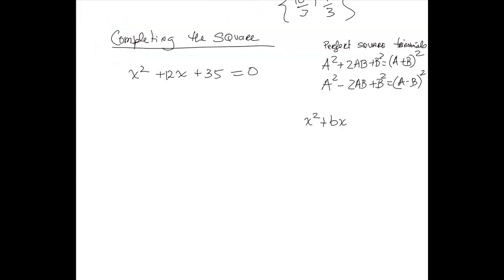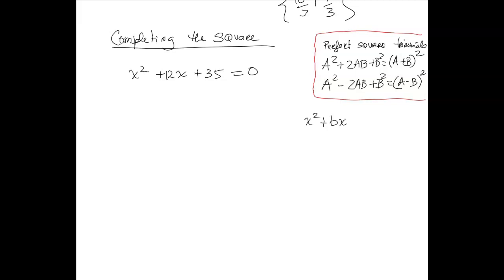All right. So now we're going to do a problem using the completing the square method. Okay. The completing the square method comes from what we call the perfect square trinomial, right? So this is it here. The perfect square trinomials are those two expressions.